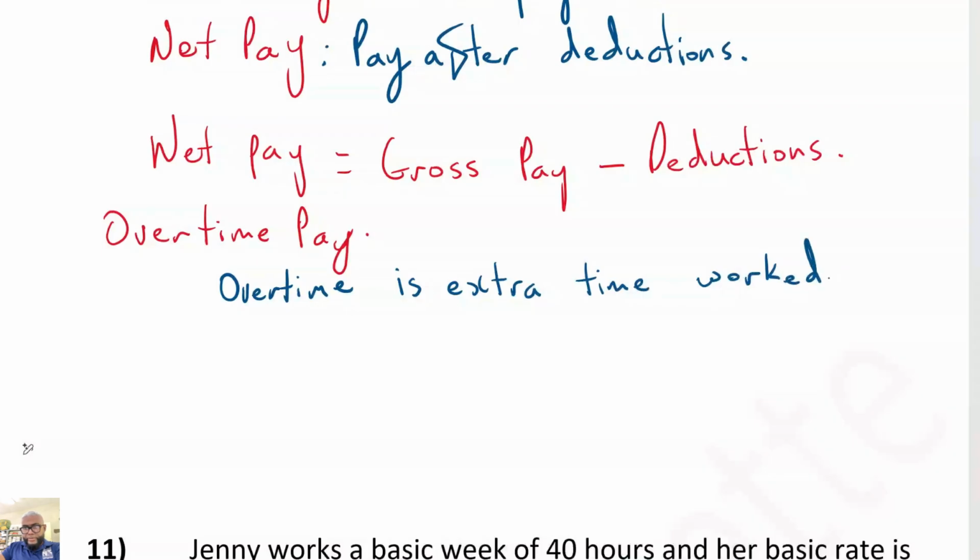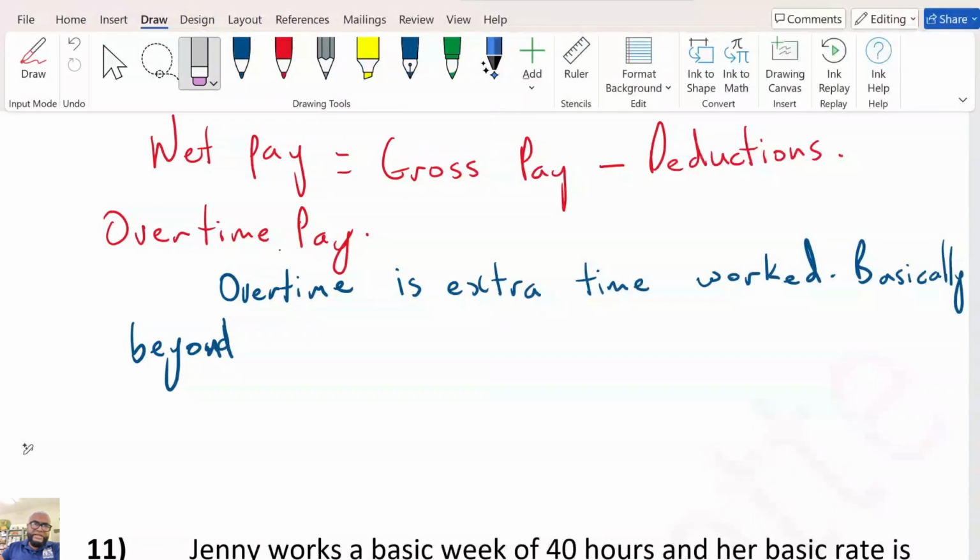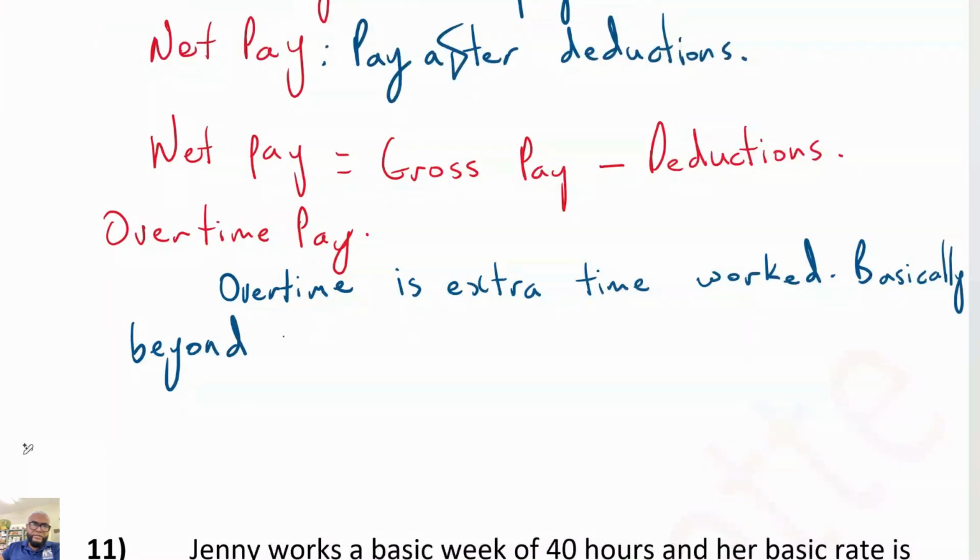So it's basically beyond normal working hours.